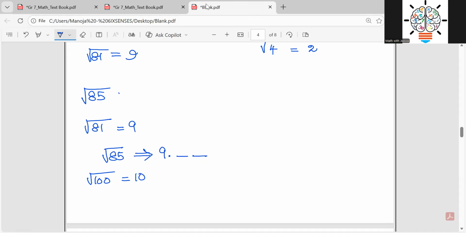You take the perfect squares that are closest, the upper value and the lower value. And if the number is in between 81 and 100, like 85, then definitely the square root should be in between the square root of 81 and the square root of 100. That is 9 and 10. So then that should be 9 point something.